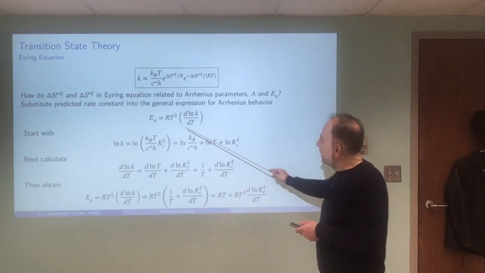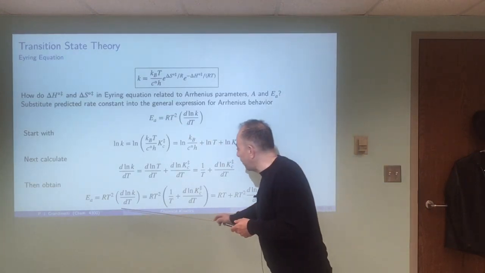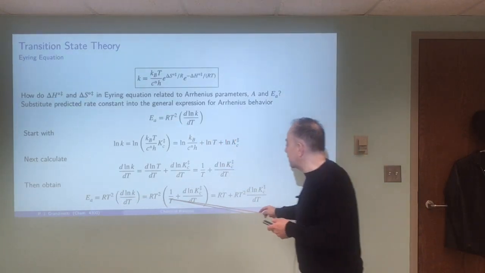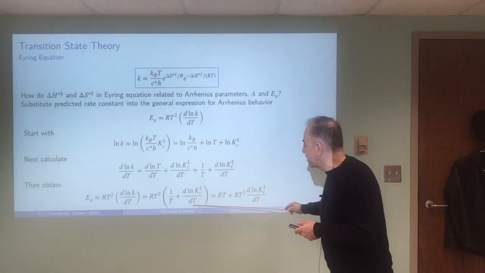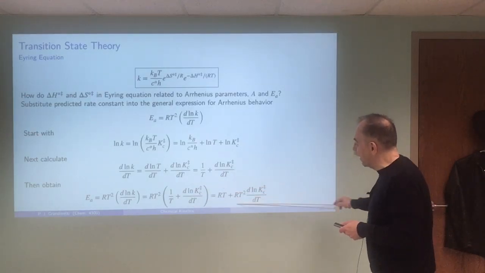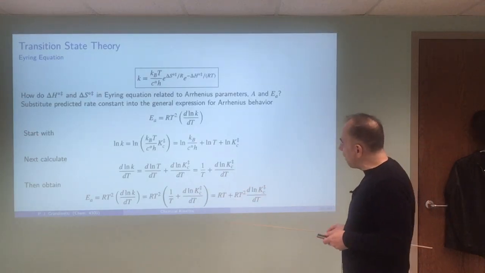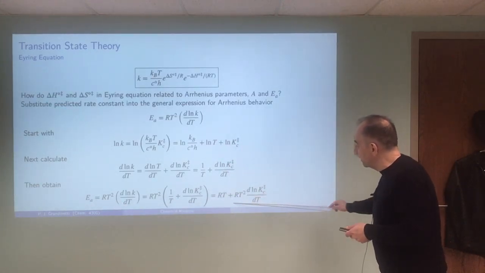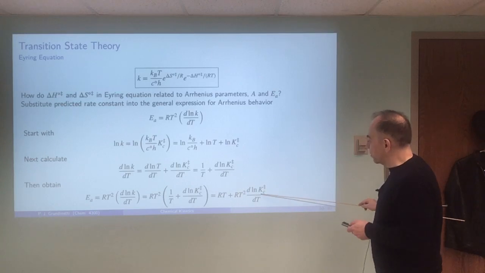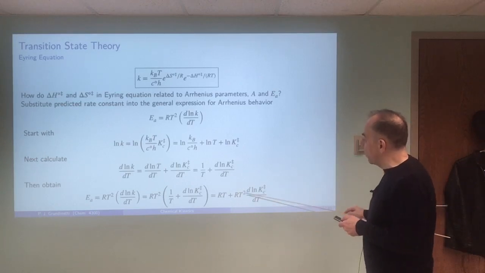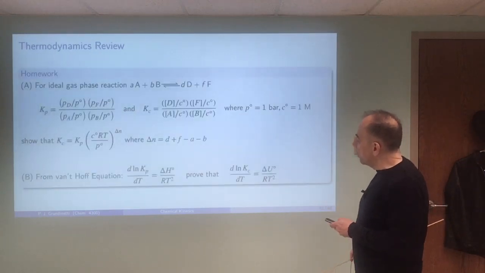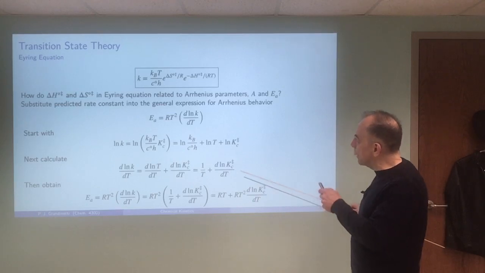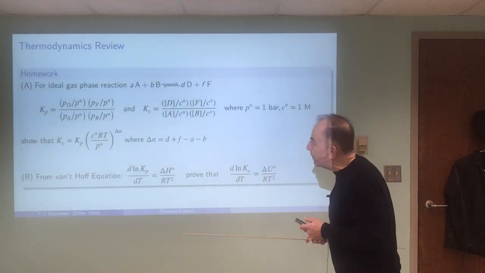And then finally, plugging the rest of that into the Arrhenius expression, we plug these in, and we get this expression, which then simplifies to this expression here. So now we see that the Arrhenius activation energy is related through this expression to the equilibrium constant and the temperature. Before I go any further with this, I have a little assignment for you to do.